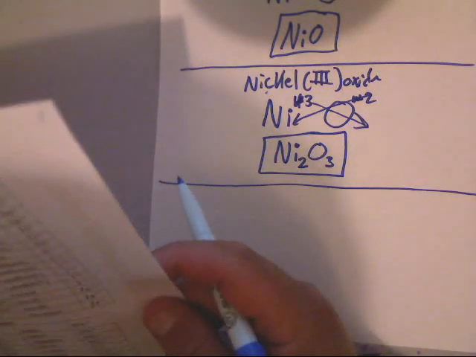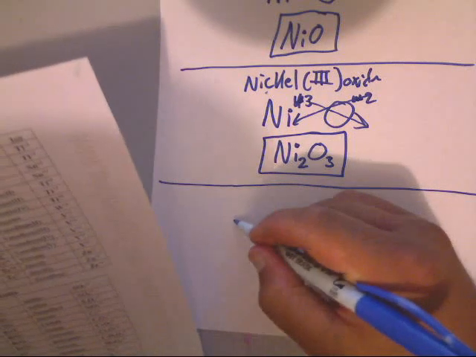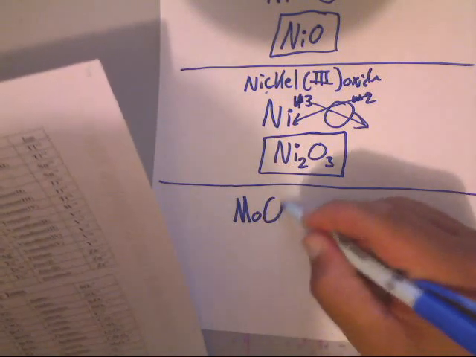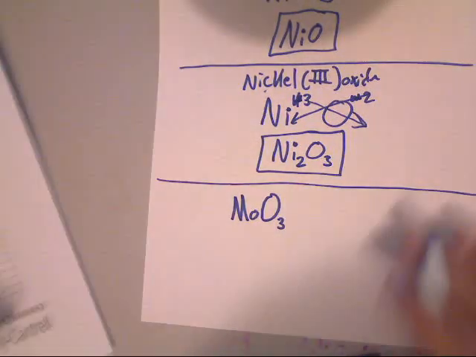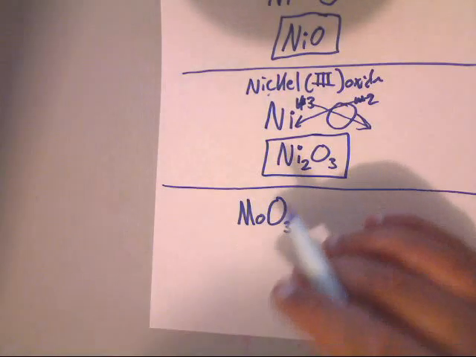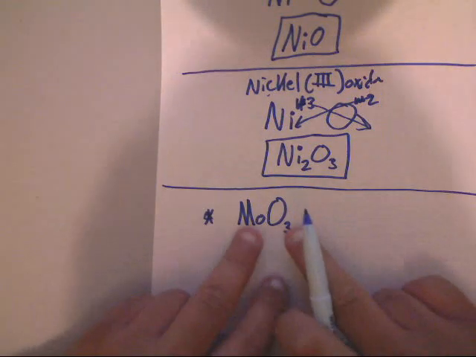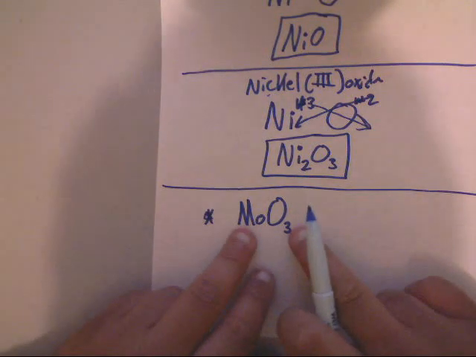Now let's say that they gave us a formula. Let's say they gave us Mo, big O, 3. This is a hard one.